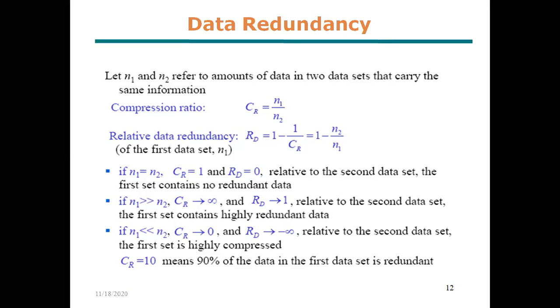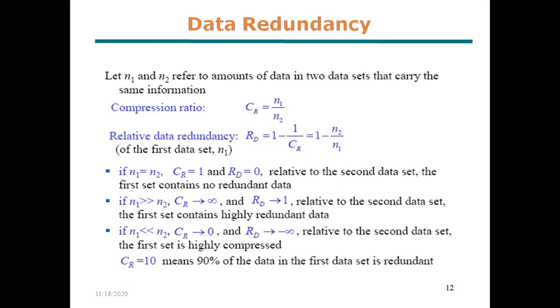And for the relative data redundancy, RD is equal to 1 minus N2 by N1. If both are equal, you get 1 minus 1, which is equal to 0. That means relative to the second data set, the first set contains no redundant data.